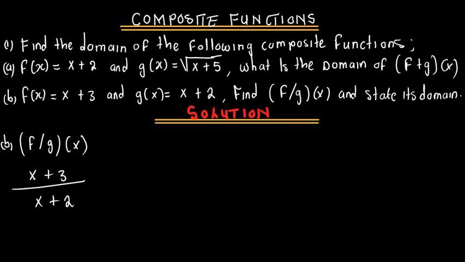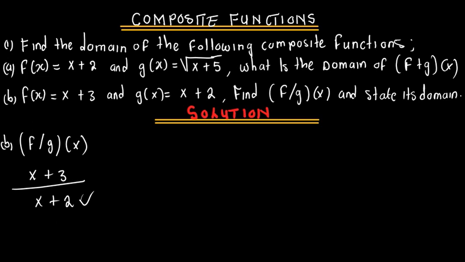Whenever you have a function of this kind, where you have a ratio, the only thing you have to concentrate on is the denominator, because you don't need a value which is going to make the denominator undefined. And of course, how do we know the number which is going to make the function undefined? We simply equate the denominator to 0.